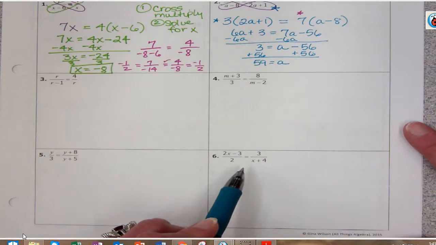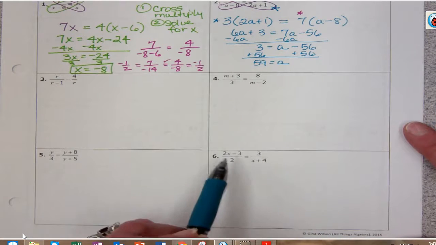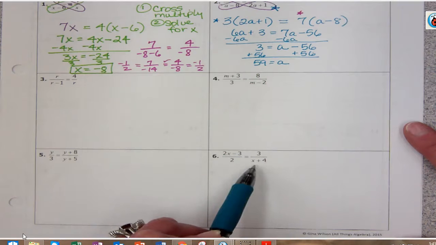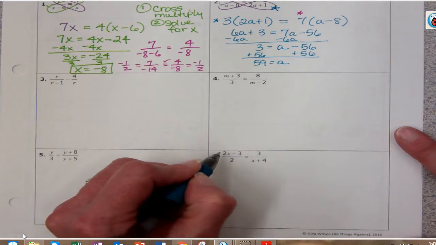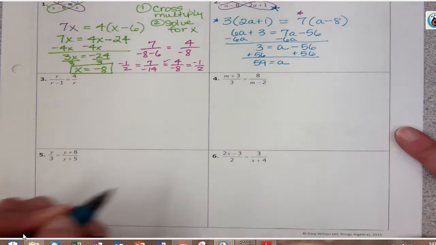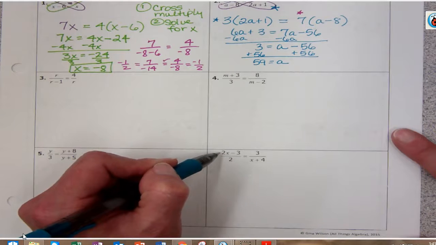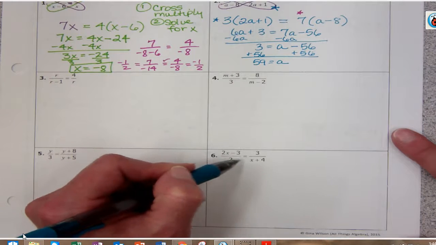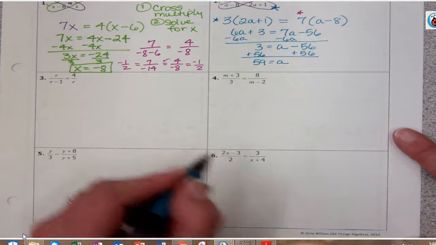Let's do number 6. Because now we've got one where we've got a binomial and a binomial. So again, you have to keep in mind that even though there is a minus sign, it's still all in the numerator. We're still good with just an A over B equals C over D type method, proportions.